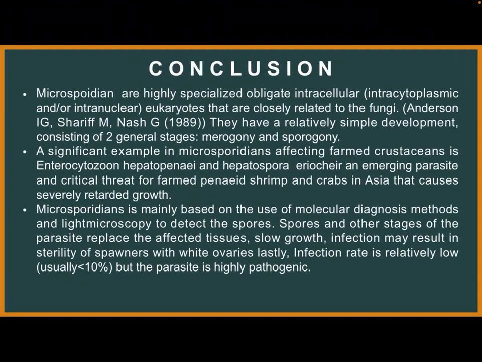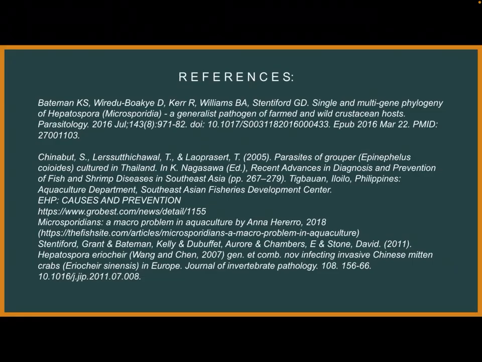It also affects the growth of the species or host. Infection may also result in sterility of spawners with white ovaries, and lastly, infection rate is relatively low, but the parasite is highly pathogenic. Here are the references of my presentation.